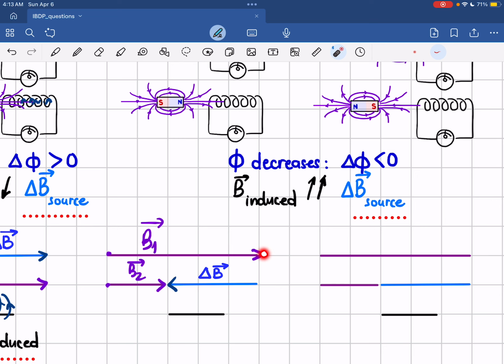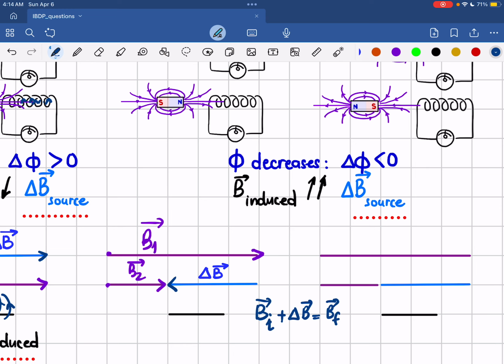The head of the first vector aligns with the tail of the second vector, then the resultant vector, the sum, should be from the tail of the first vector to the head of the second vector. So this is the final B, right? You should have magnetic field B1 plus the change in magnetic field ΔB equals the final magnetic field B2. This is the initial.